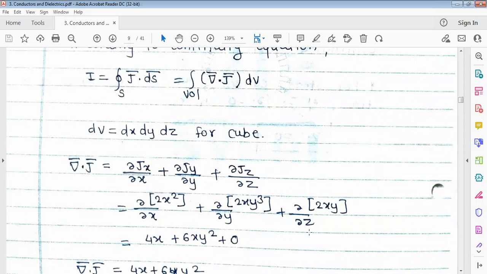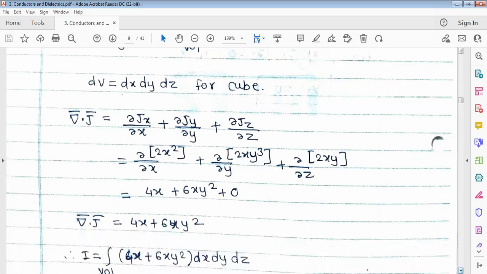Plus ∂/∂z of this 2xy. There is no z quantity. No z quantity means this 2xy is constant and its partial derivative is equal to 0. Okay, so this del dot J bar is equal to 4x plus 6xy square.